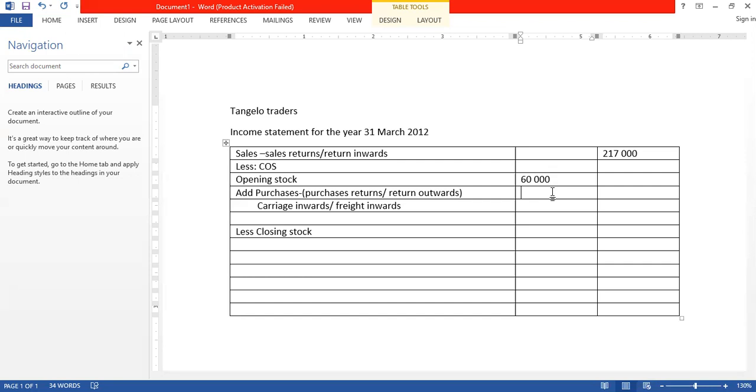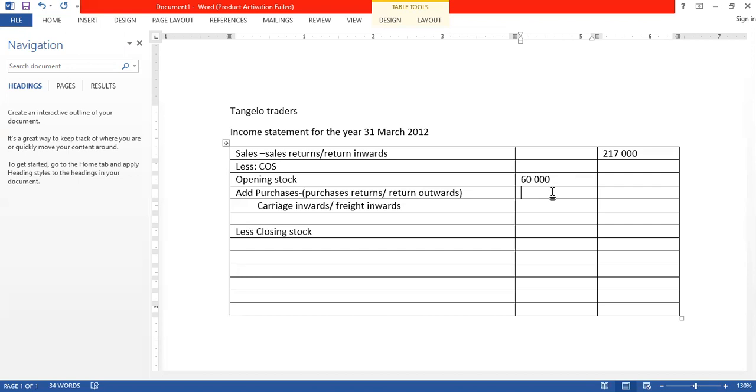You understand? Now we are at purchases, right? Before you record the purchases amount, you should first check under your additional information if there is a transaction that will affect your purchases amount.